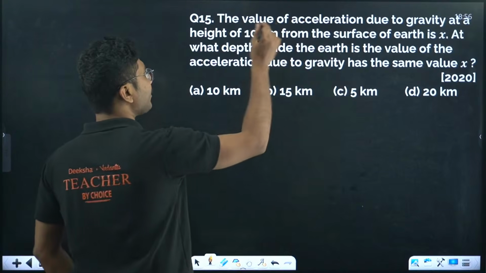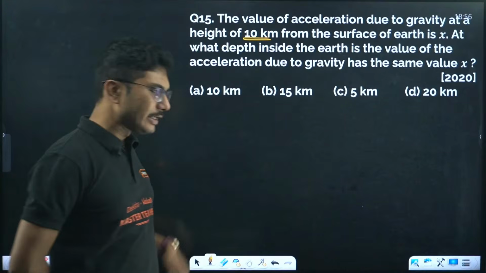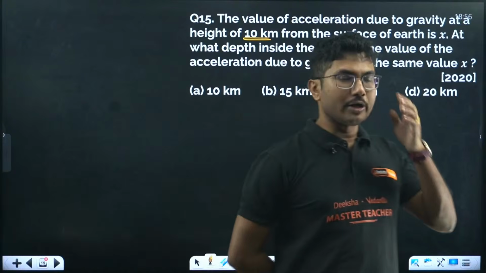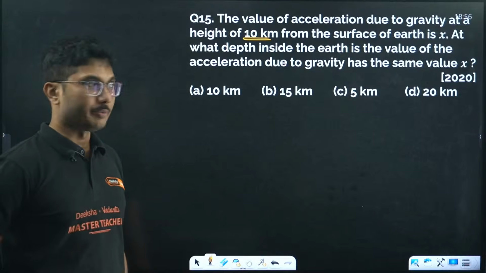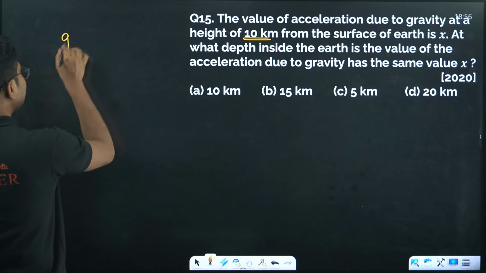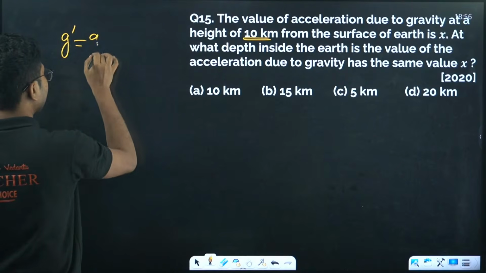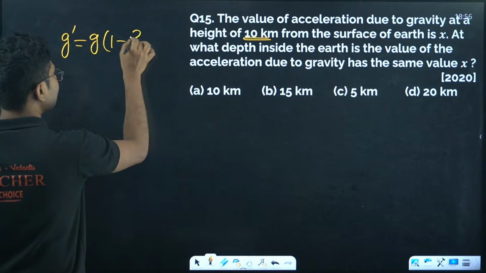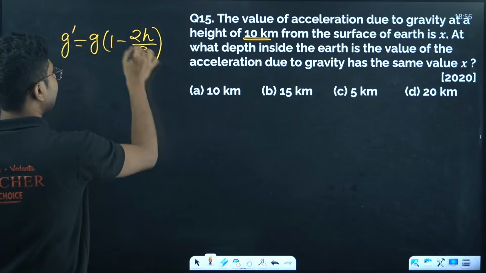Now if you see this question, the height is 10 km. 10 km is a very small value compared to the radius of the Earth, which is 6400 kilometers, right? So we will use a formula that g dash at a height close to the surface of the Earth is given by 1 minus 2h by R. This is a formula.